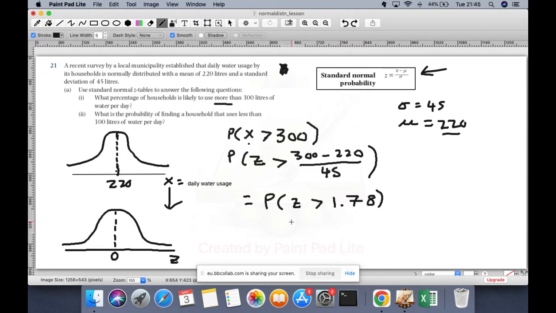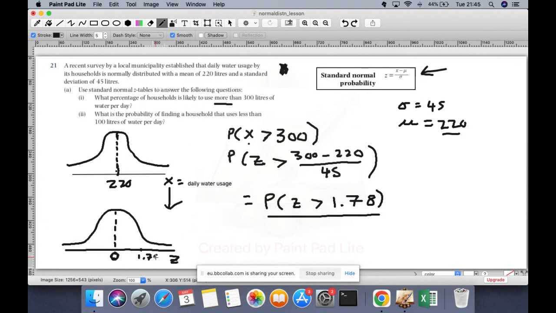All right. Now, this notation is saying that we have the z curve, and we're looking at the probability that z is greater than 1.78. This is the z-axis. If it's centered at 0, then all positive numbers will be on the right of it. 1.78 is a positive number, so it has to be on the right. If it was negative, it would be on this side, but it's not.